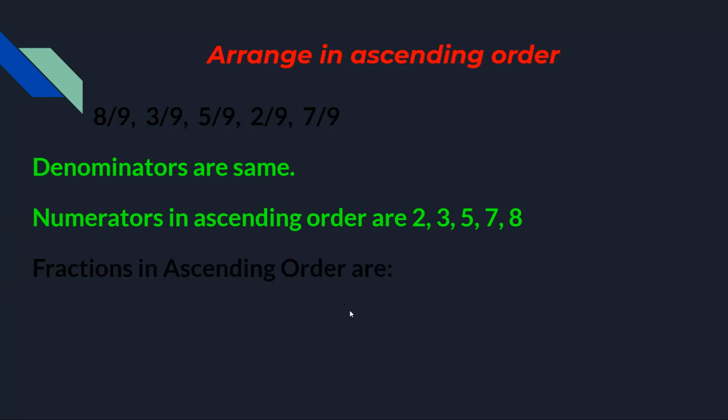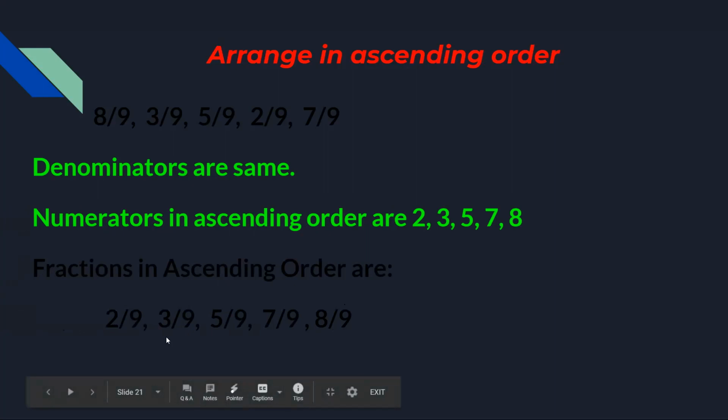So let us write the fractions in ascending order: 2 upon 9, 3 upon 9, 5 upon 9, 7 upon 9, and 8 upon 9. This is the case if the denominators are the same. We will look at the numerator: the smaller the numerator, the smaller the fraction; the greater the numerator, the greater the fraction.